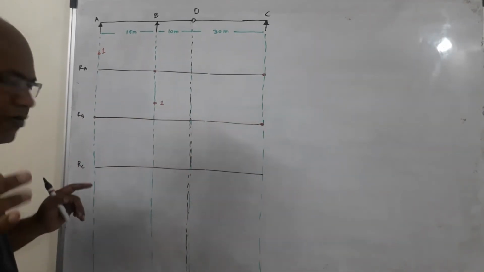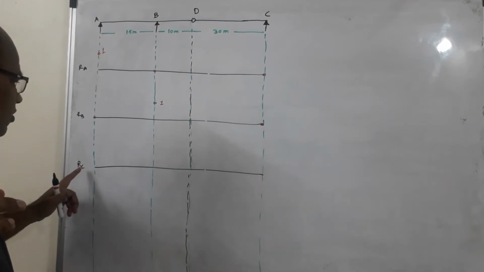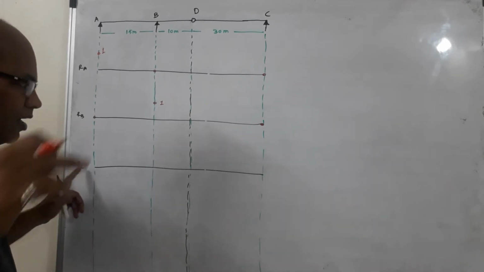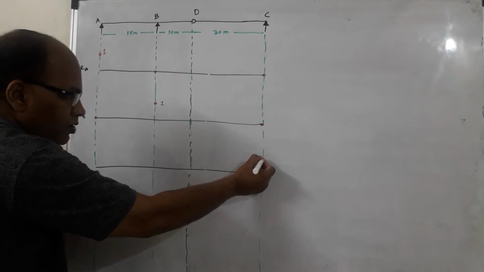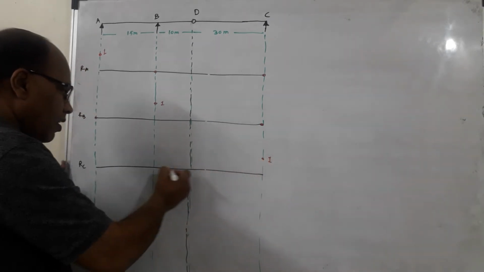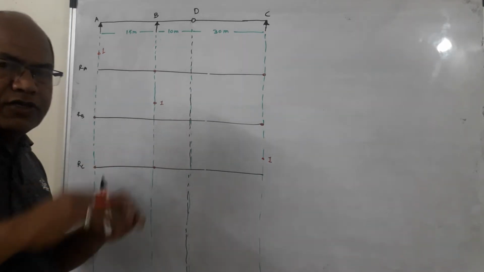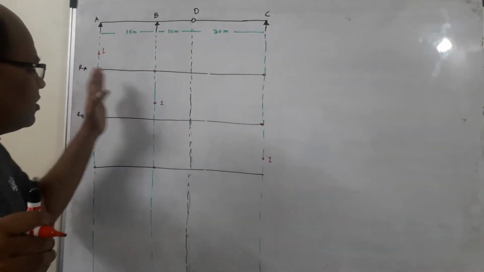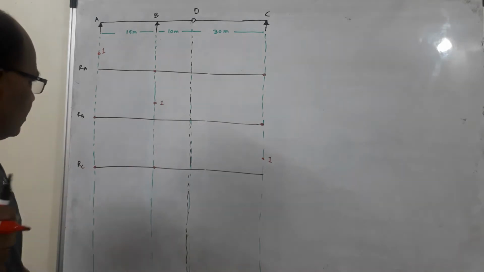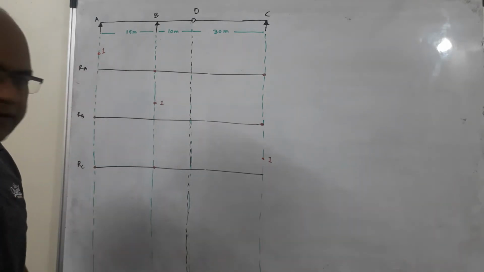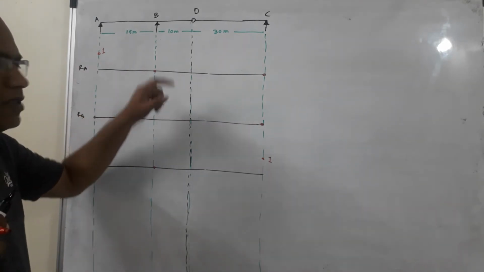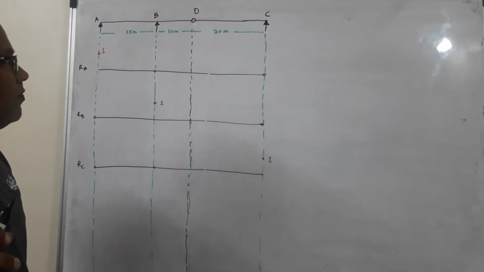When you want to draw ILD for RC, mark 1 at C, mark 0 at B, mark 0 at A. So, this is how you will get 3 points for each and every ILD of these reactions. Once you get these 3 points, see the procedure.